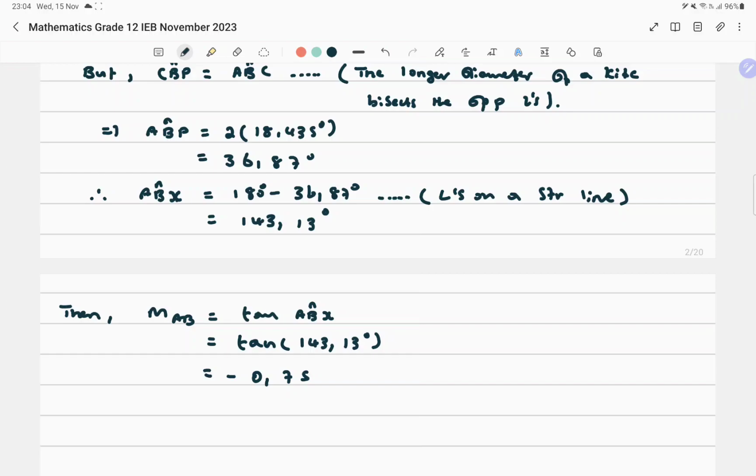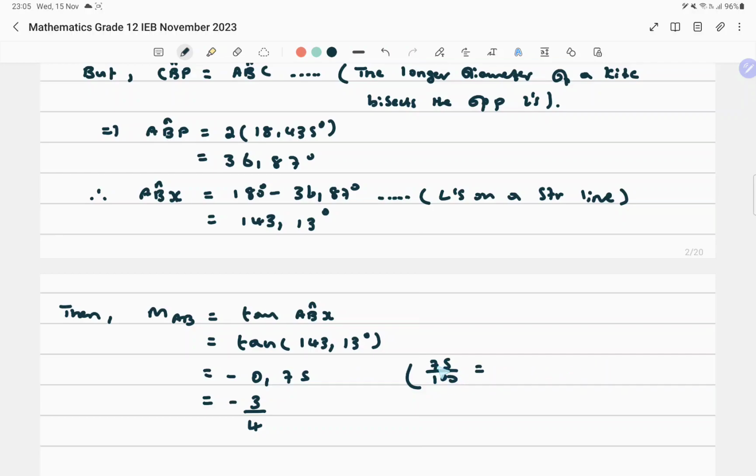So 0,75, what is that? 0,75 is basically 3/4. So it's best if we write it as minus 3/4. Do you know how to convert decimals to fractions? You just transpose this back. It's going to be 75, but you moved 2, so you divide by 100.